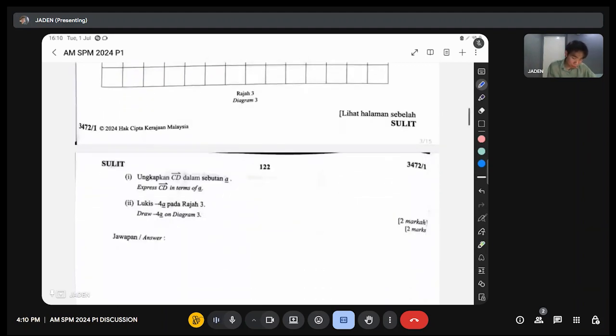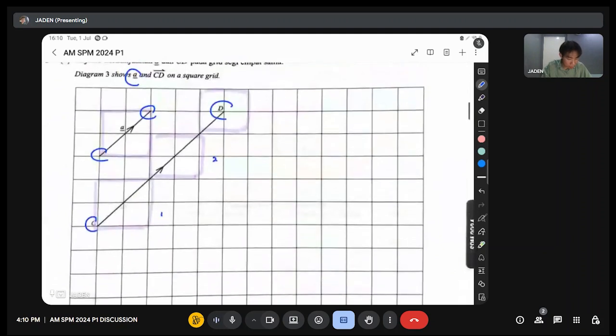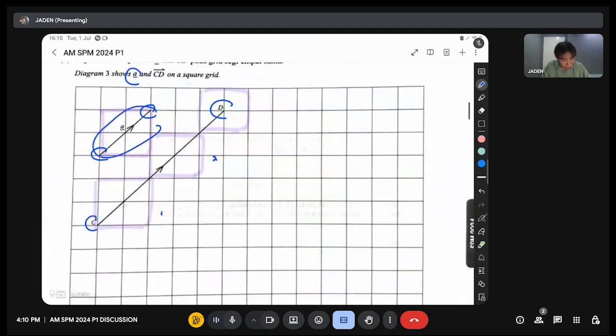Now let's look at the question, what they asked for. Express CD in terms of A. C to D. Now this is A, right? So this is one set. One set is A. I got another set here. This is another A. So A plus A, how many A's already? 2A already, right?